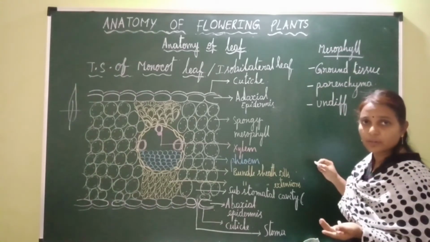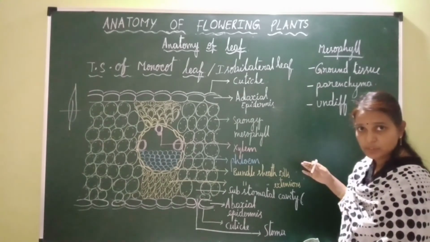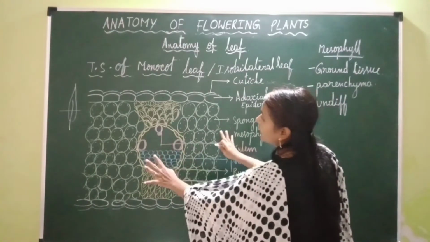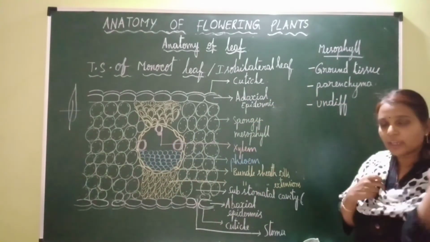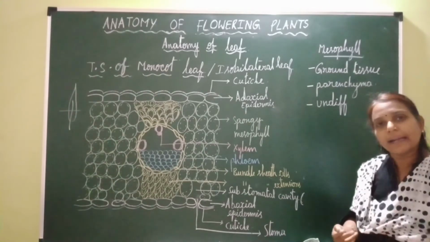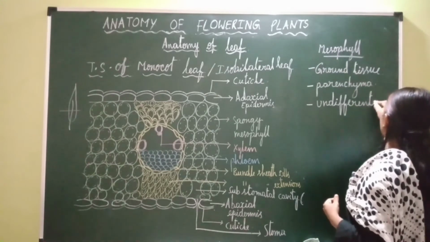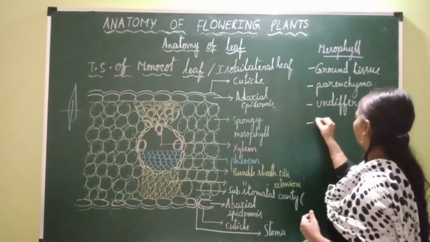Whereas in case of dicot leaf, this mesophyll is differentiated into palisade towards the upper side and spongy mesophyll towards the lower side. But in case of monocot leaf, the entire mesophyll is only one type, that is spongy mesophyll. So this is undifferentiated mesophyll, which is spongy mesophyll.